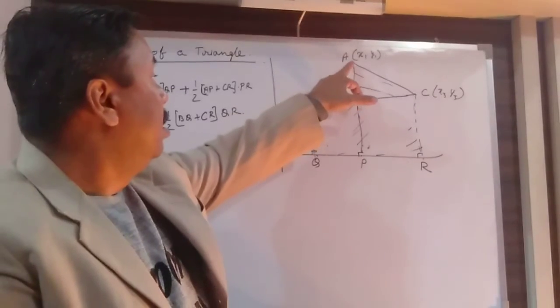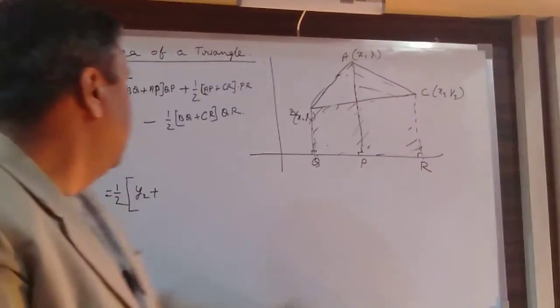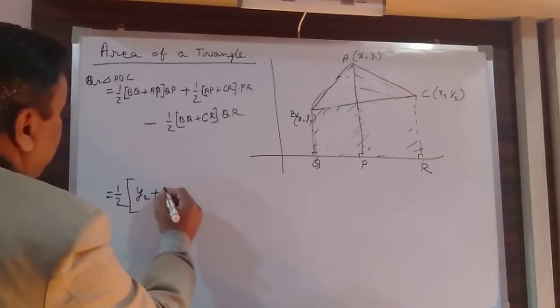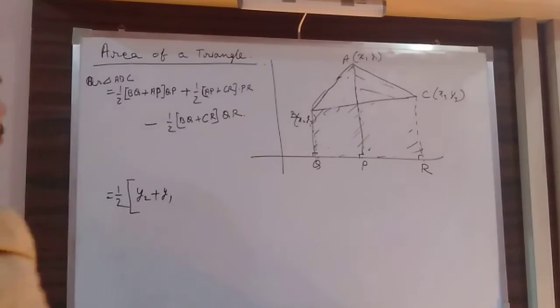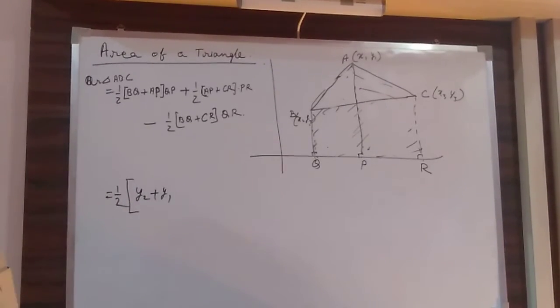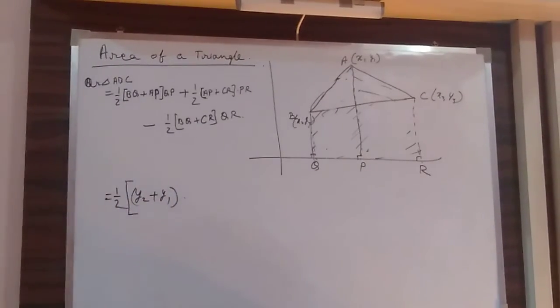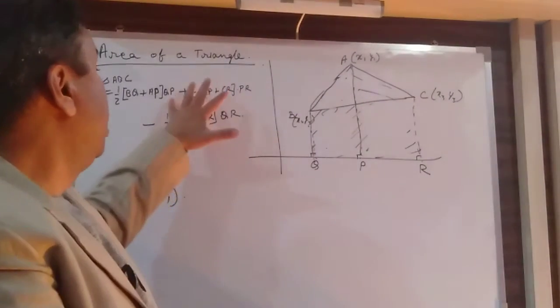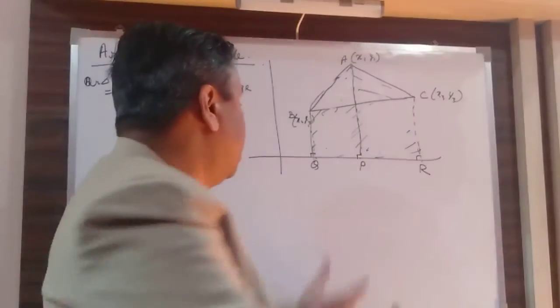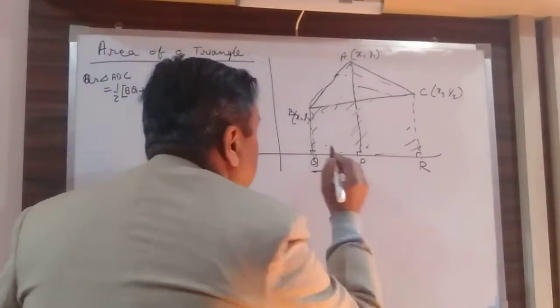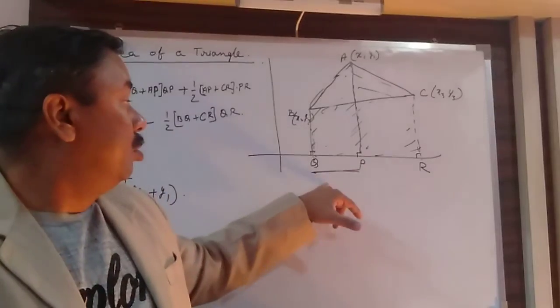AP is the y coordinate of A, so y1, multiplied by QP. This QP, what is it now?